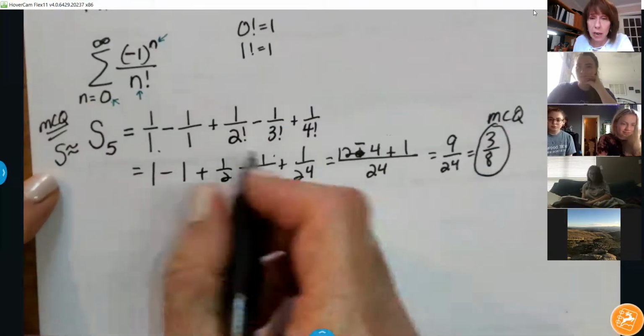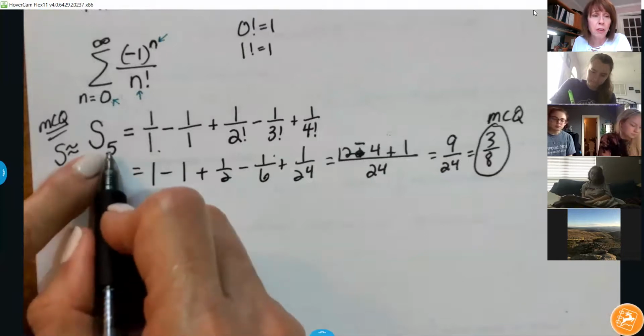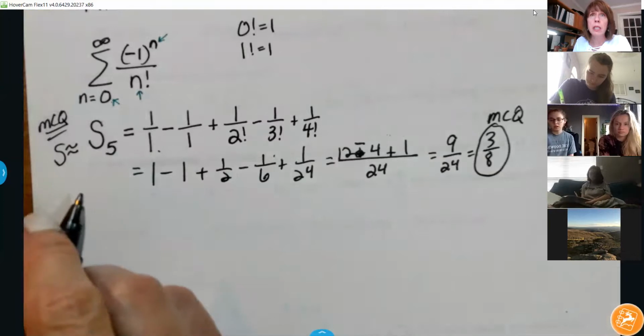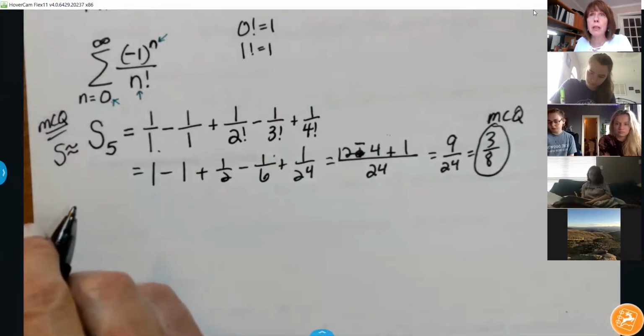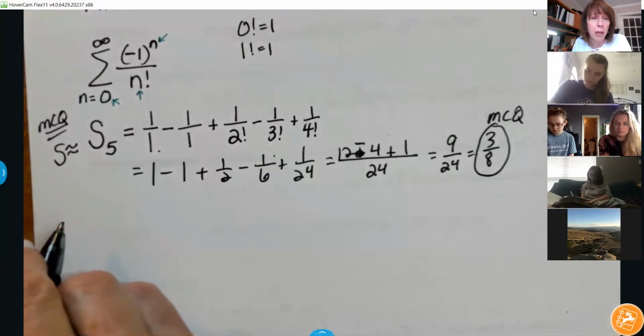Now, in another question, instead of approximating the infinite sum with the fifth partial sum, I might ask, what is the maximum error that it could possibly be.